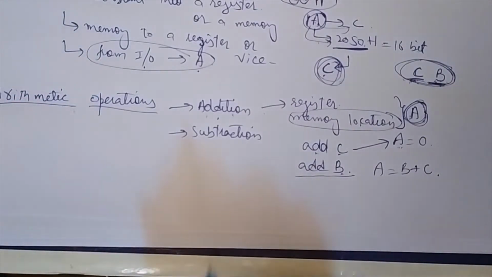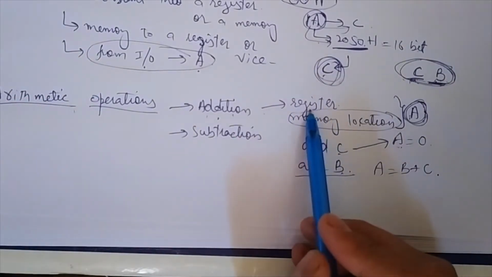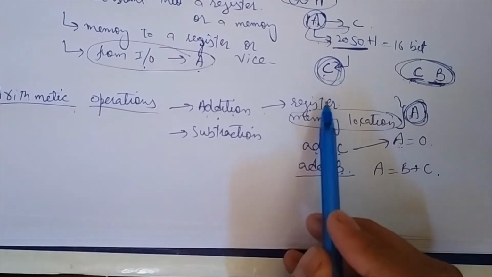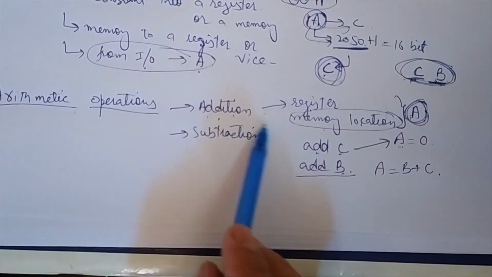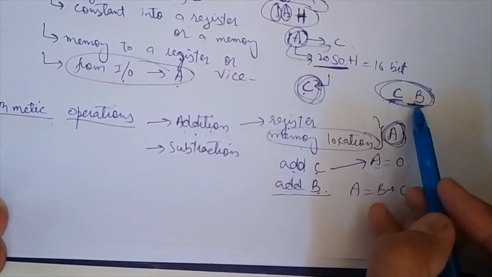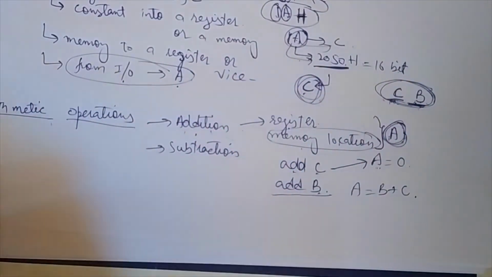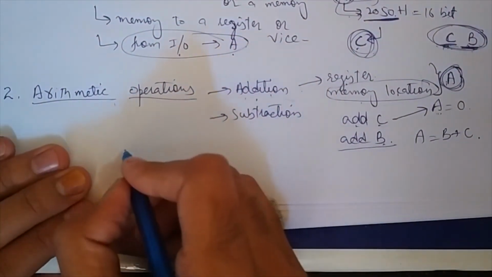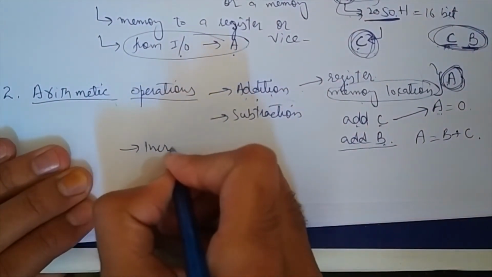Likewise, in subtraction also, if we have to subtract some register or a memory location data from the contents of an accumulator, then we can use the subtraction type of instructions. And again, we cannot directly subtract two general purpose registers. Then there is another type of arithmetic operation, and that is increment decrement.